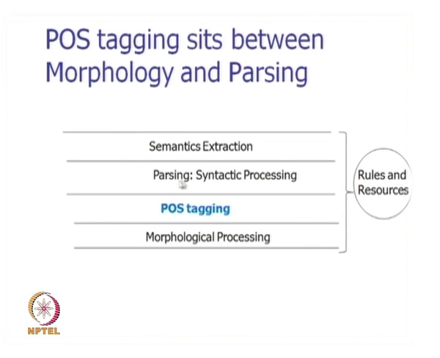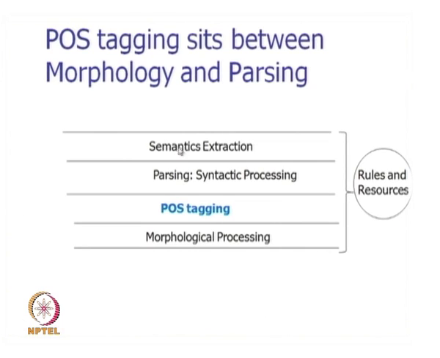Then comes parsing, which obtains the structure of the sentence and divides the sentence into phrases. After that, there is this level of semantics extraction, which obtains the meaning of the sentence in terms of the semantic roles played by the nouns.